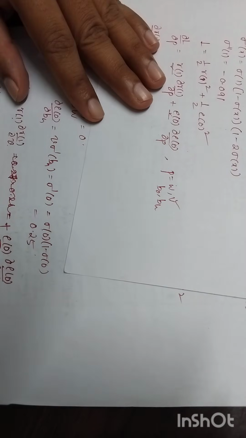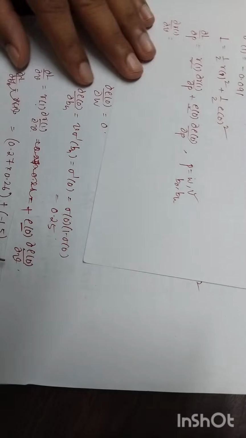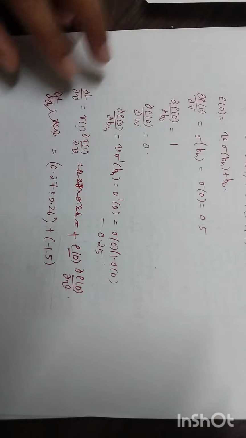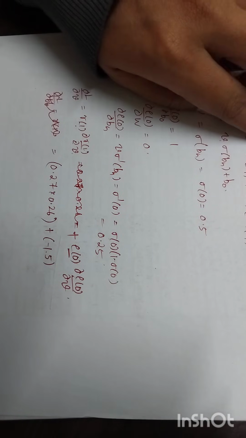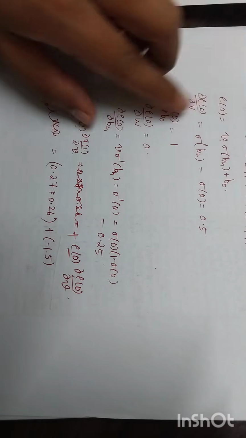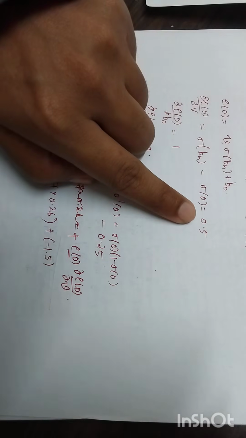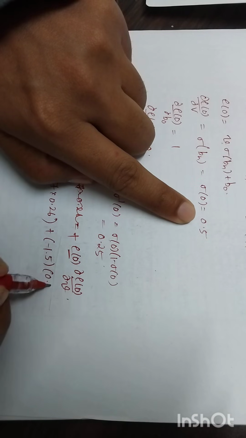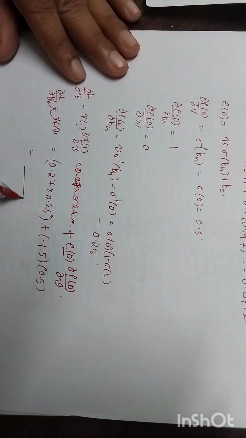So E0 is minus 1.5, into dE0/dV, which we just calculated and which is again 0.5. Just substitute the values and you get dL/dV.